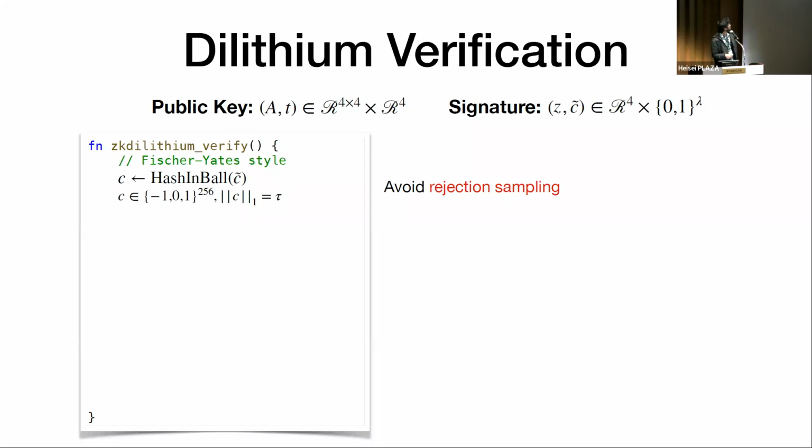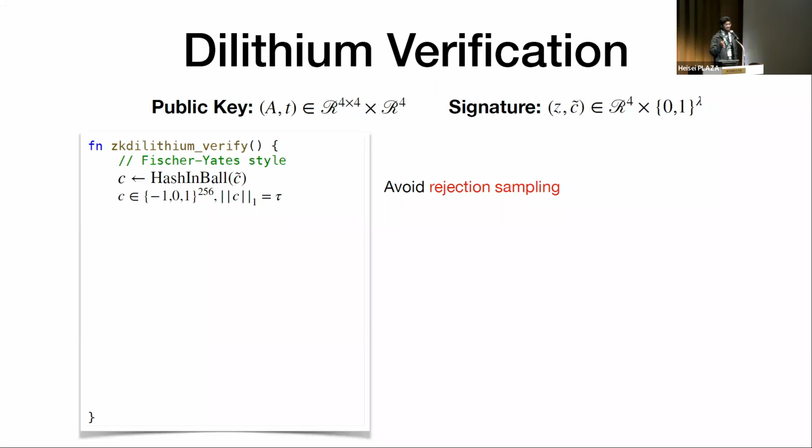So the first thing you do in ZK Dilithium is map C tilde to C, where C contains entries which are -1, 0, and 1. You need the number of non-zero entries in C to be tau. Because you want this to be a uniformly random mapping, you use a Fisher-Yates style strategy.